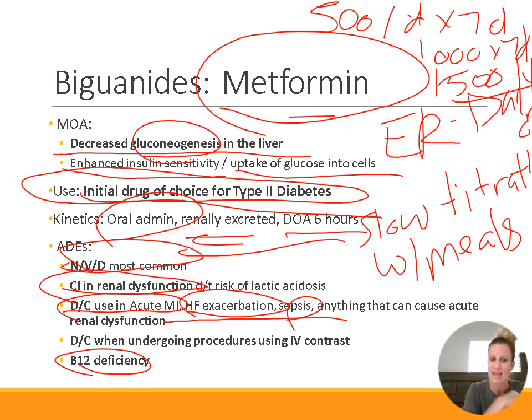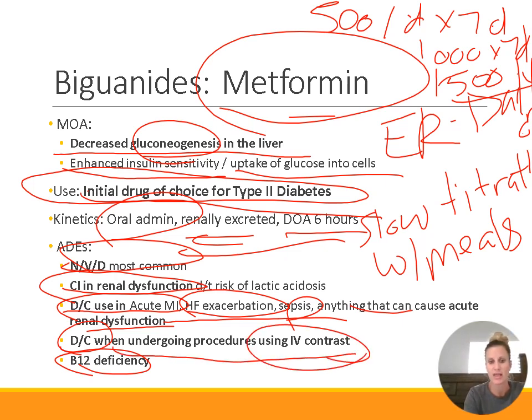So, in any situation where the renal function in a patient normally decreases, you stop the metformin for that period of time, because again, there's a risk of lactic acidosis occurring if you were to continue it during that period of renal failure. Also, you discontinue when patients are undergoing procedures using IV contrast, because that is renally cleared as well.